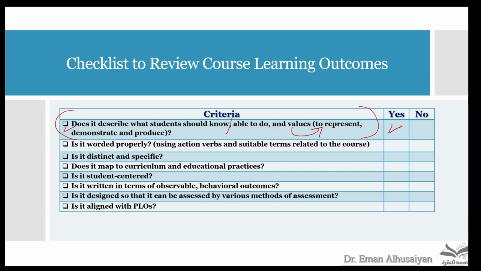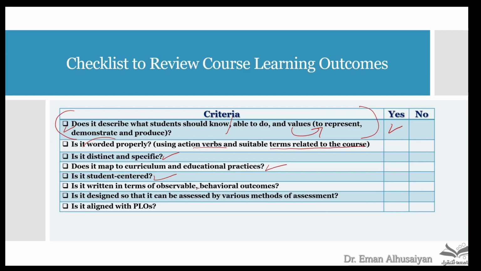Number 2, is it worded properly using action verbs? CLOs are all about good wording, okay? Because they are phrases describing what students will be able to do throughout, say, a 12-week trimester, and suitable terms related to the course. Is it distinct and specific? Does it map to curriculum and educational practices? Is it student-centered?